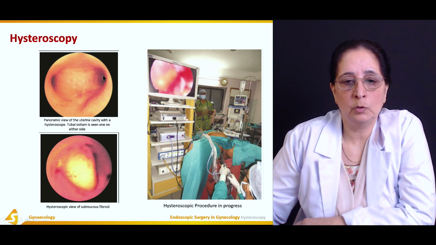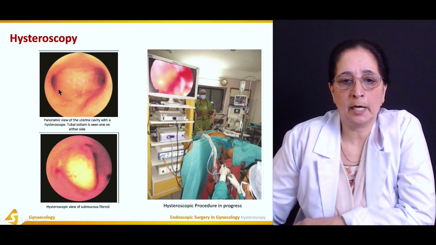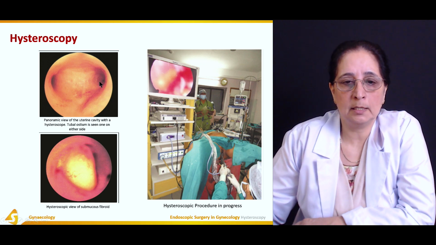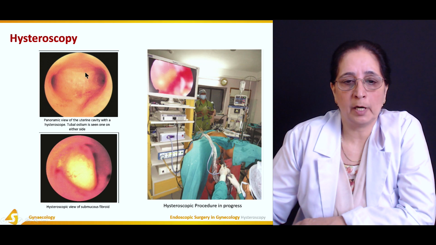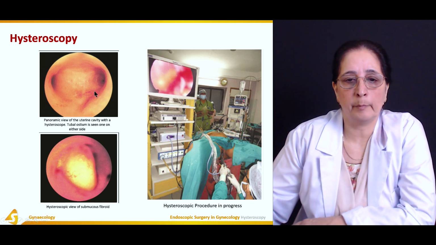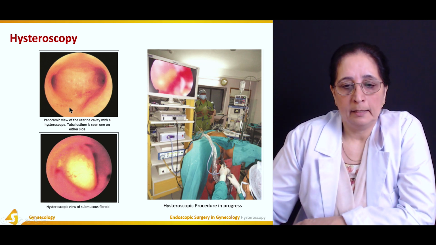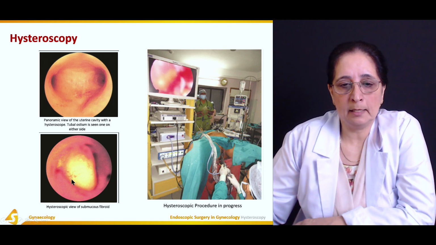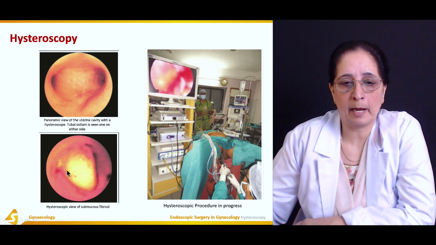These are the two tubal ostia inside of the uterus. This is one tubal ostium and this is the other tubal ostium. So this is the inside of the uterine cavity, a panoramic view. And then this is the inside of the uterus again. This is a submucous fibroid.